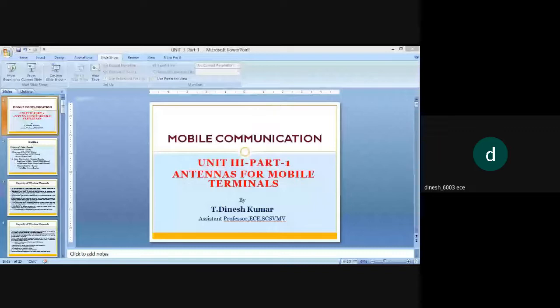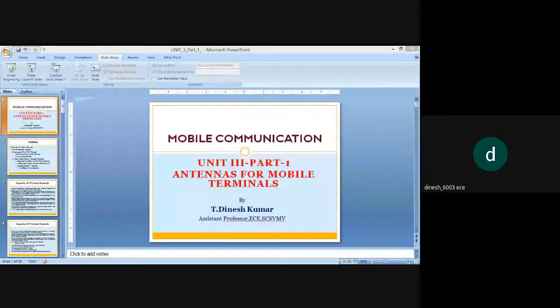So the maximum data rate at which reliable communication is possible is called the capacity of the channel. So this is the terminology: the maximum data rate at which reliable communication is possible is called the capacity of the channel.